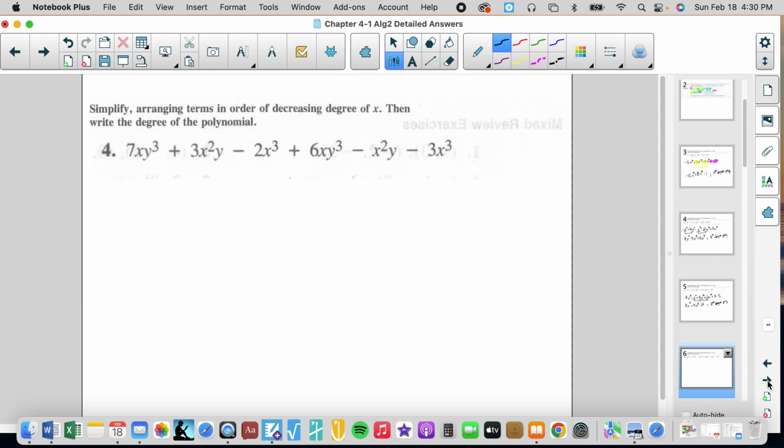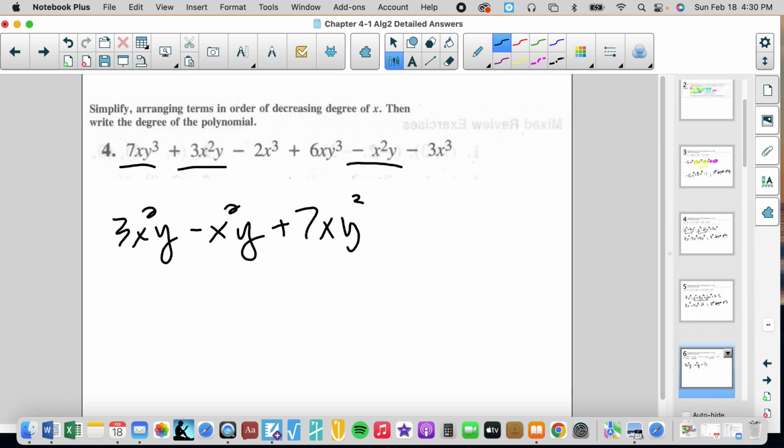All right, now it's getting a little crazy. So 3x squared y is going to match up with negative x squared y. And then we have plus 7xy cubed.